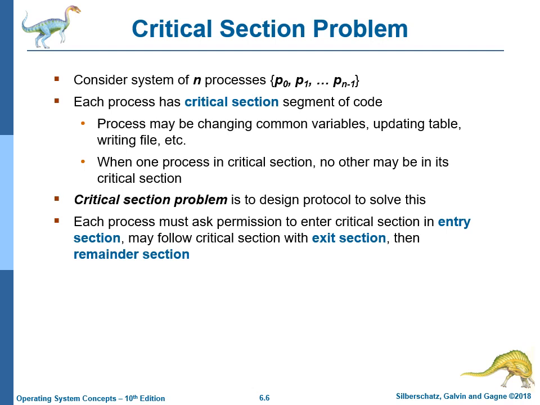Then each process has a segment of code, or we call it a critical section. Setiap proses ada critical section dia. Critical section ni macam segment of code lah, in which the process may be changing common variables. Kita update the table, writing the file and so on.